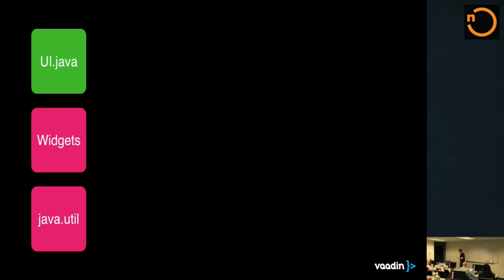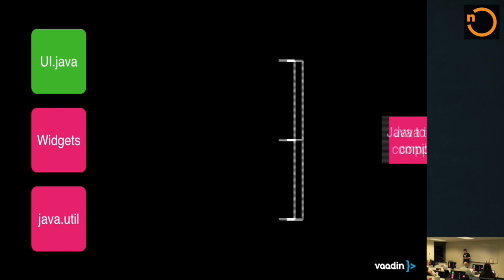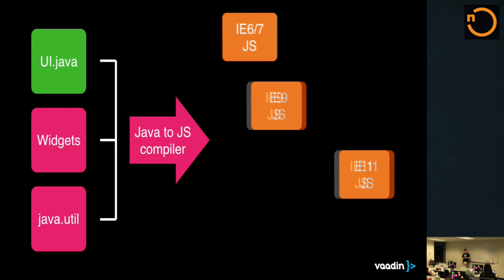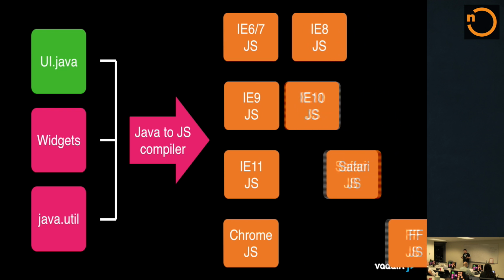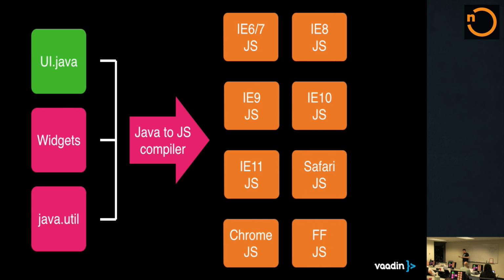So, a quick course on GWT. You have three parts in your application. You have your user interface written in Java, you have some widgets written in Java, and you have base Java classes. These red boxes come with the framework. So there is an implementation of basic widgets and an implementation of basic Java classes. These are put into the Java to JavaScript compiler, and this compiles one version for each browser, basically.